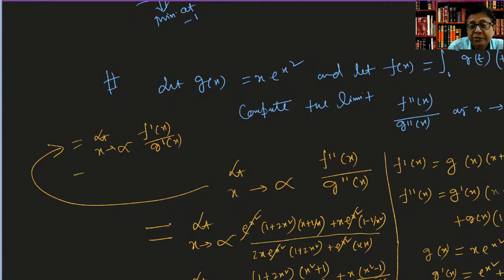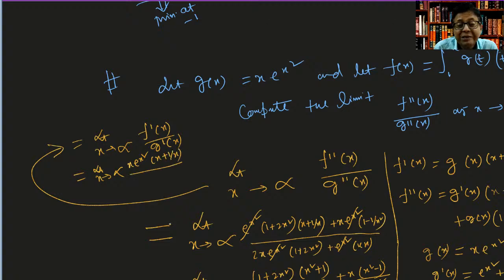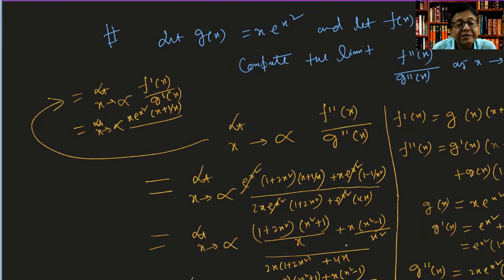f dash x is what here? gx into x plus 1 by x. And that g dash x is what? g dash x is e to the power x square, 1 plus 2x square.